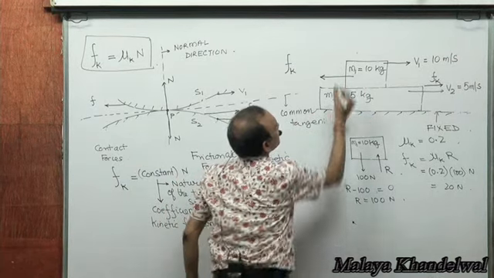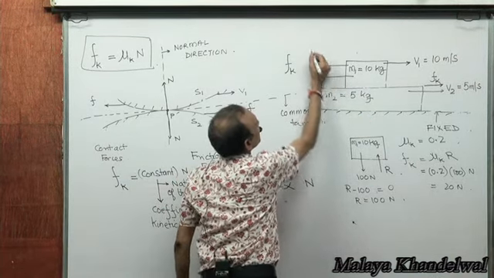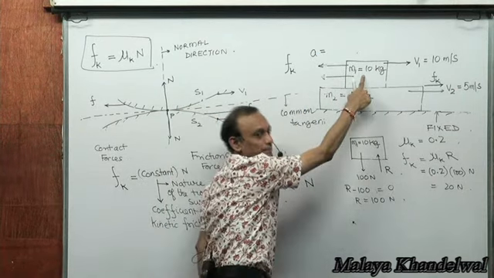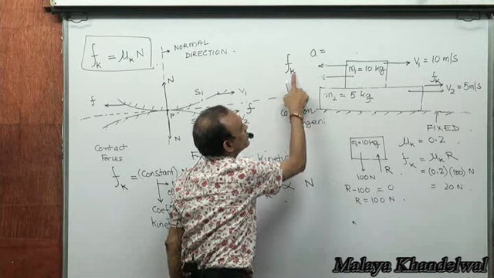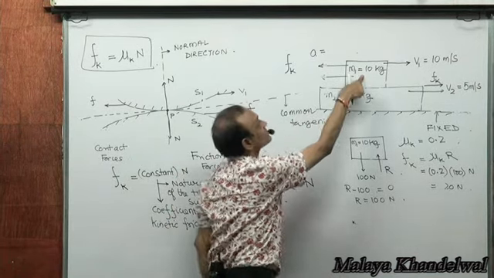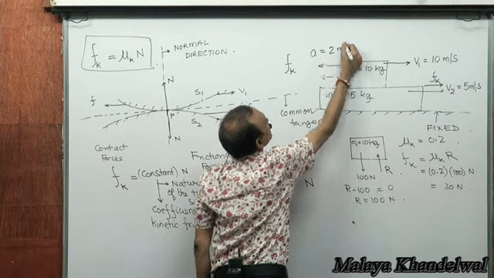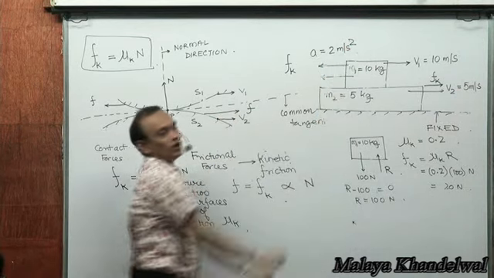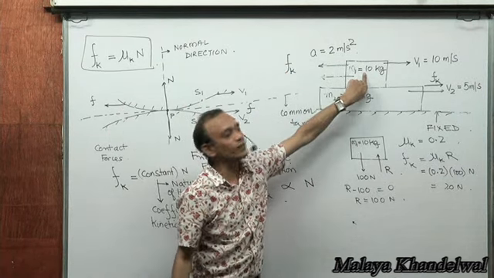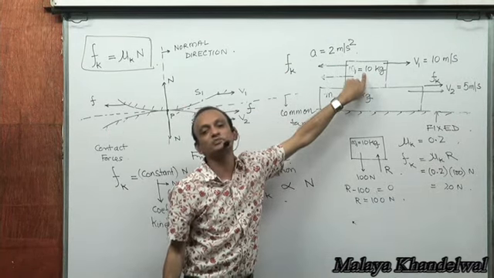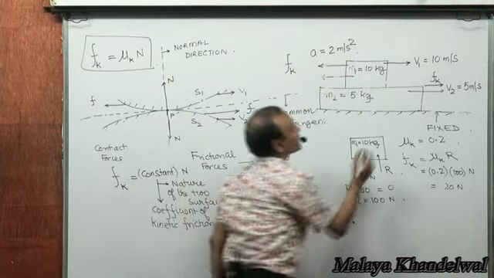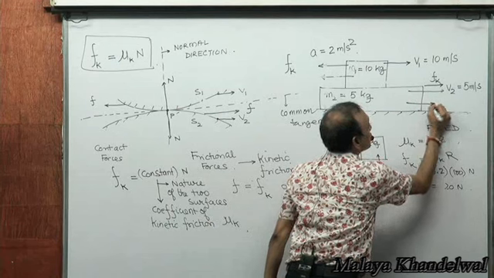So, what's the retardation of M1? The retardation of M1 would be force of friction divided by mass. So Fk is 20 newtons divided by 10, which is 2 meters per second squared, the retardation of this. And there is an acceleration of this, A prime.